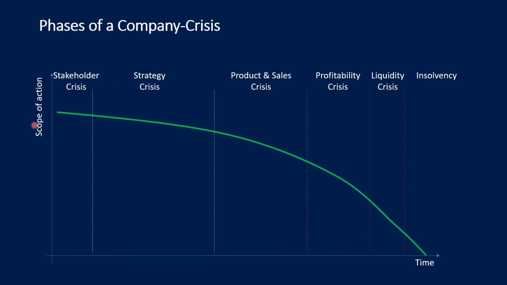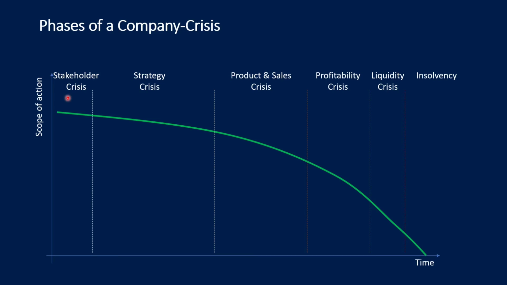A company crisis is typically seen in different phases. It starts with a stakeholder crisis. The stakeholders are all persons who hold a stake in the company or who have any interest in the company.